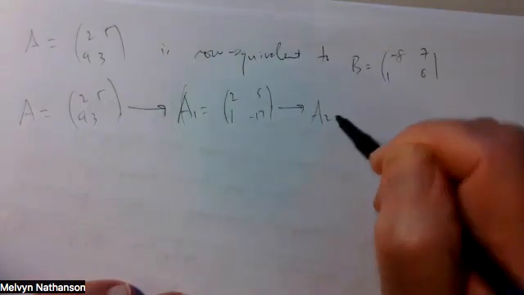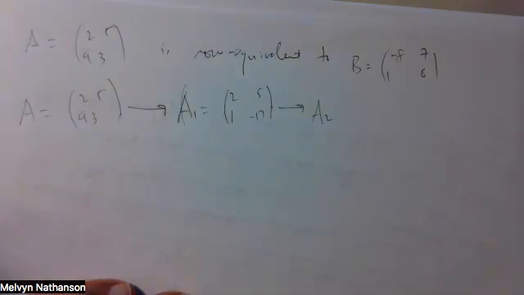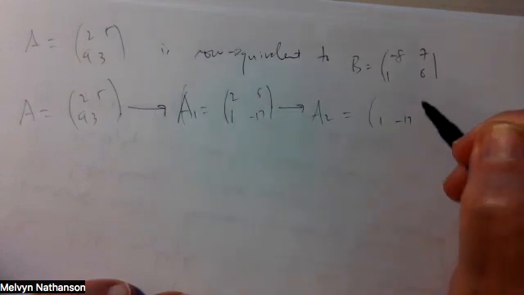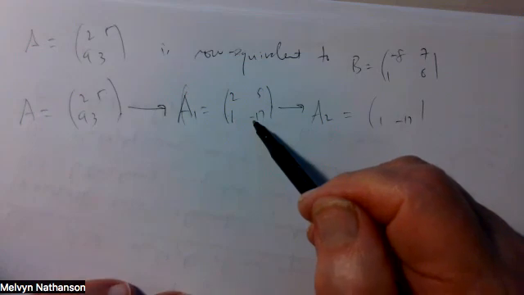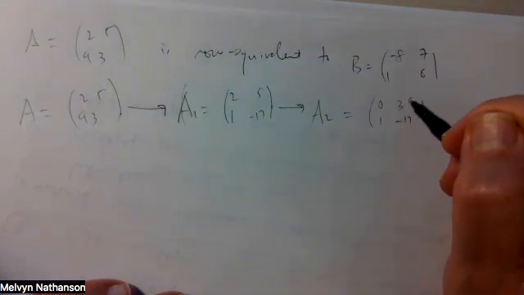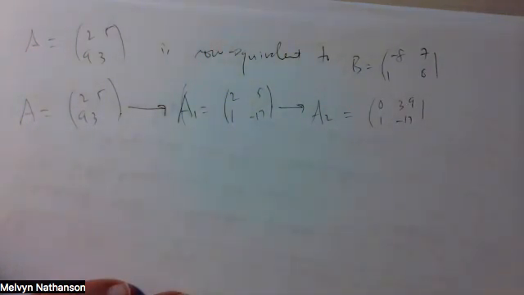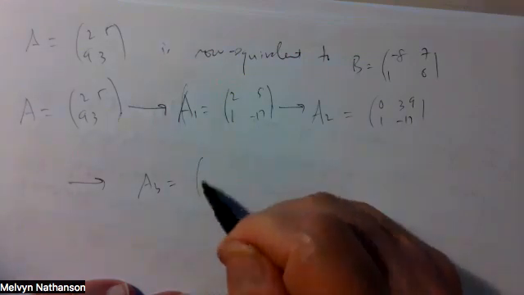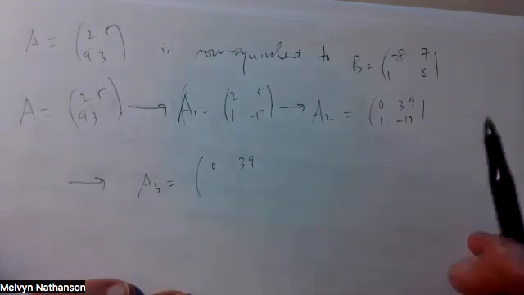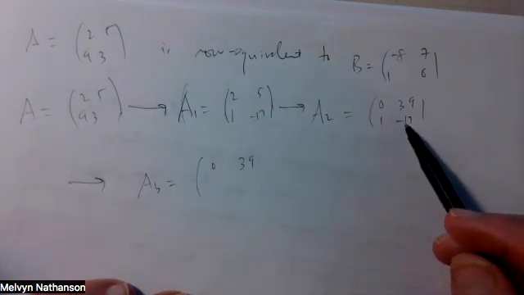Right? Then we apply another elementary row operation. Suppose I take the first row, I don't change the second row, but I'm going to take the first row minus 2 times the second row. So 2 minus 2 is 0. 5 plus 34 is 39. Then I'm going to get another matrix where I'm not going to change the first row, but I'm going to add some multiple of the first row to the second.